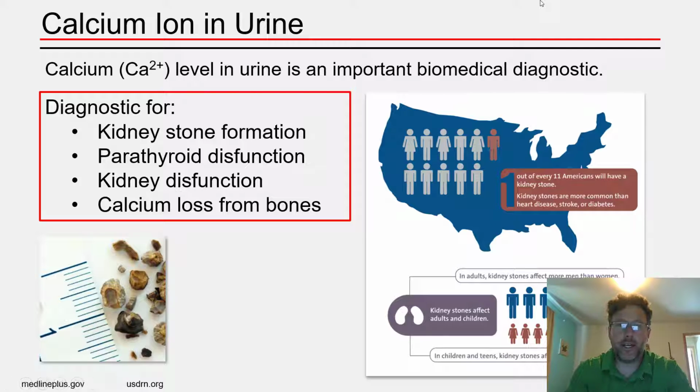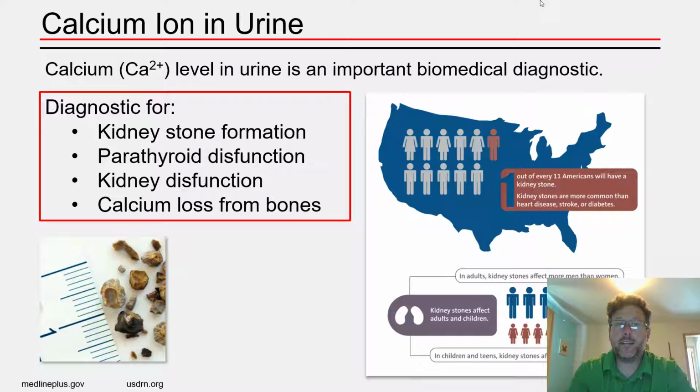Now, calcium ion may seem like a relatively mundane analyte and not particularly remarkable in any way. However, calcium is one of the most important analytes in terms of diagnostics in a medical context, particularly when you're looking at calcium concentration in urine.